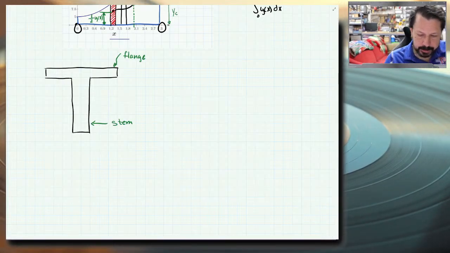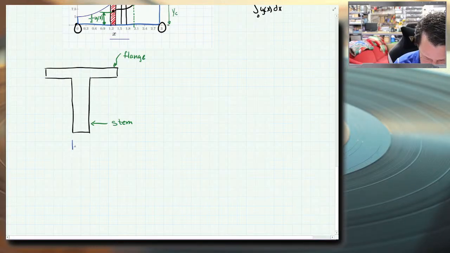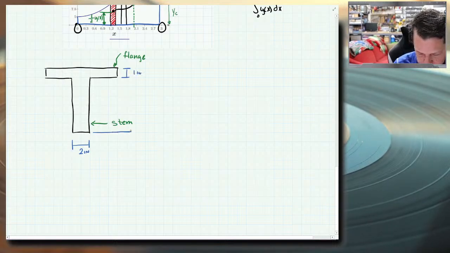Let's put some dimensions on this, and I'll just use the ones that we kind of drew. So this will be 2 inches. This will be 1 inch. This will be 6 inches.